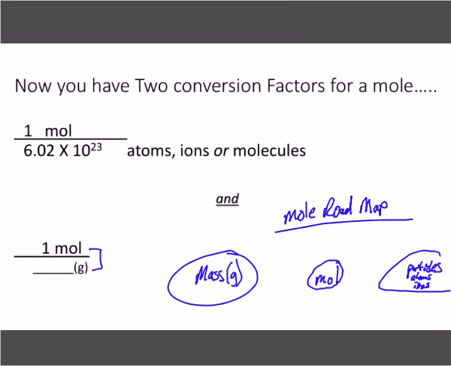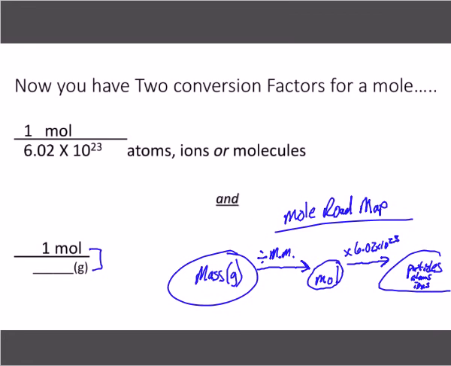So if I'm going from mass back to moles, I'm going to divide essentially by the molar mass. Again, this may not all make sense right now, but it's going to be a tool that's going to help you in a little bit. So MM just means molar mass. If I want to go from moles to particles, I'm multiplying by Avogadro's number, which is 6.02 times 10 to the 23rd.